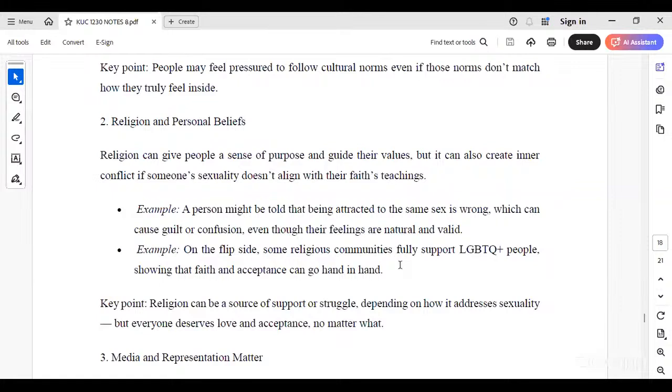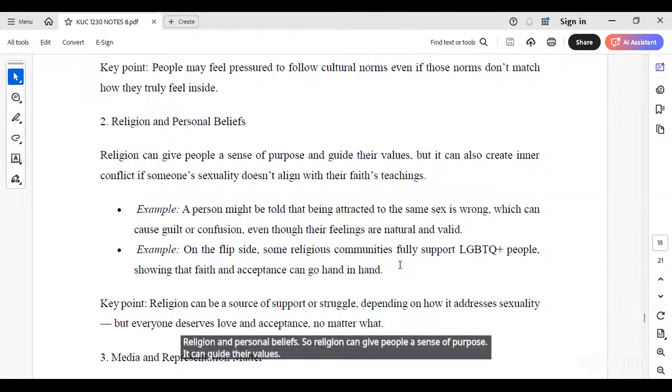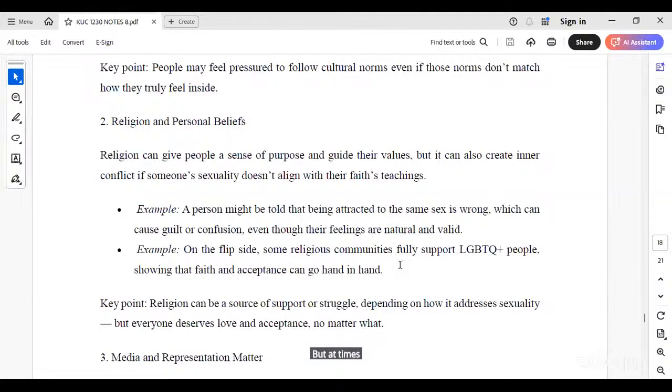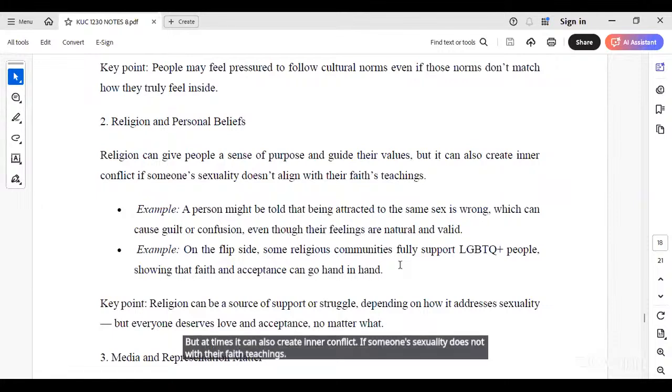Religion and personal beliefs. So religion can give people a sense of purpose. It can guide their values. But at times, it can also create inner conflict if someone's sexuality does not align with their faith's teachings. Okay.